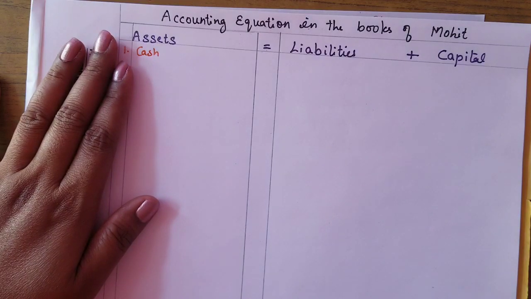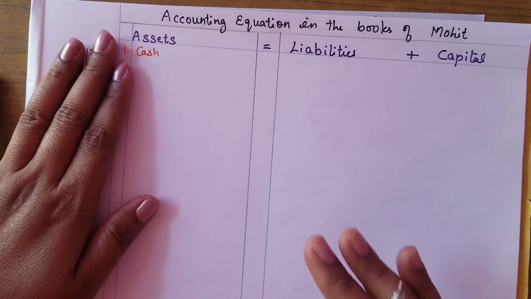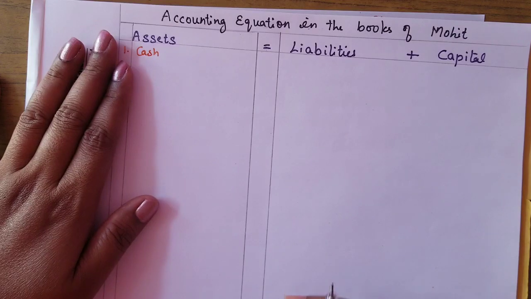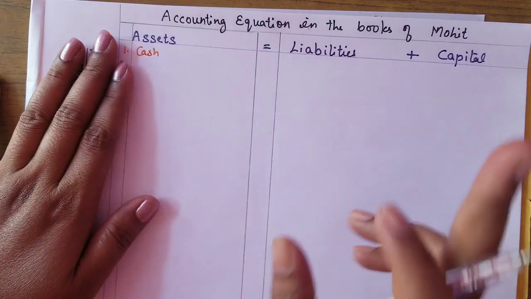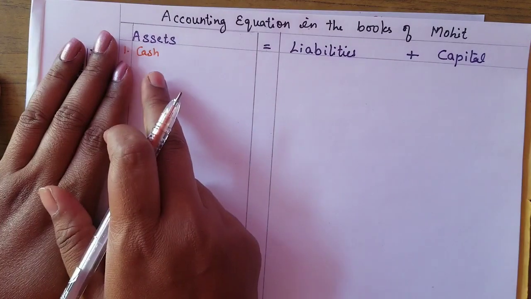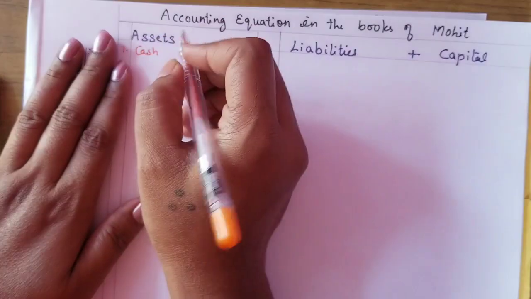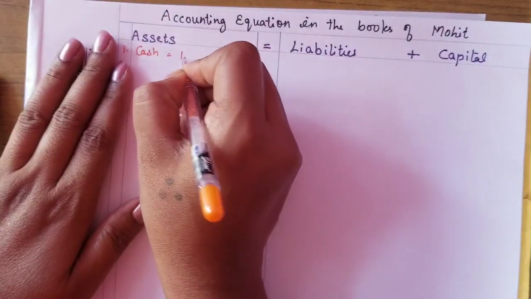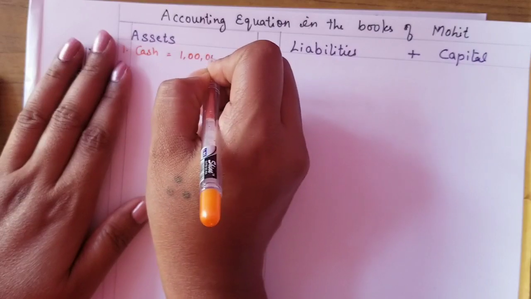Assume yourself as Mohit, and now you are going to start a business with cash rupees 1 lakh. Till before you start, the account balance will be 0, since you didn't start. Now since you are starting, your cash balance comes to 1 lakh. So cash balance is 1 lakh.